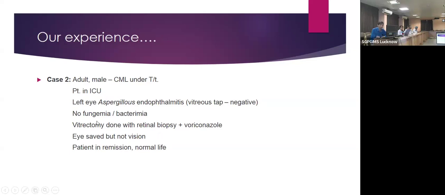There was no fungemia or bacteremia, as in case 1. The biopsy yielded Aspergillus. Though the eye was saved, vision could not be restored because it is a very bad infection and most of the retina was already involved before operation. But the patient is in remission and leading a normal life.